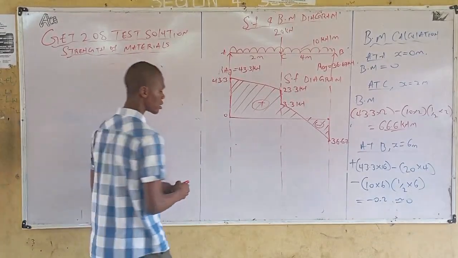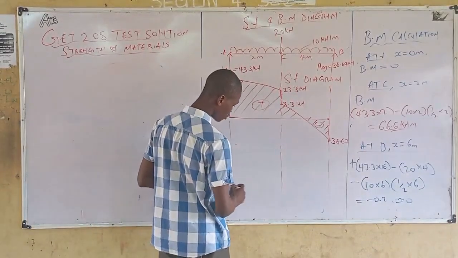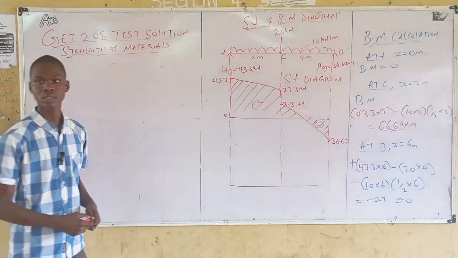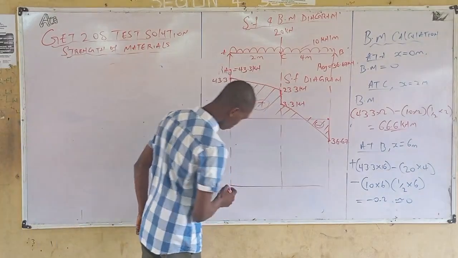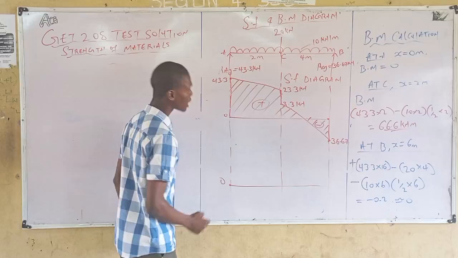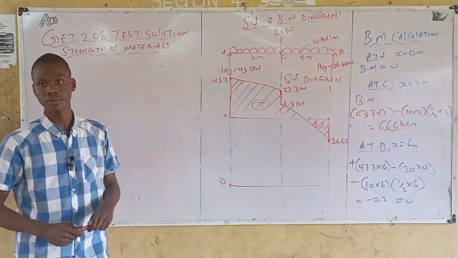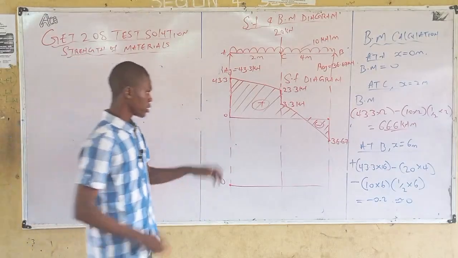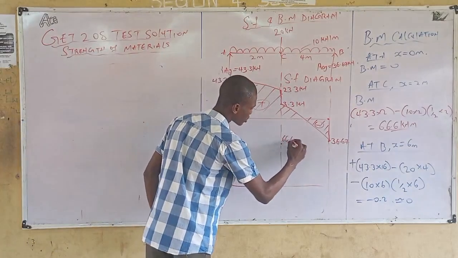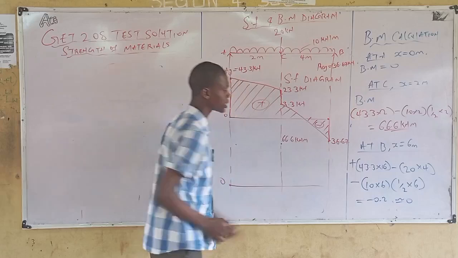Similarly, take a reference line for bending moment. At A, what's the value of bending moment? 0. This is the point, right? At C, what's the value of bending moment? Let's assume that 66.6 is here. 66.6 kilonewton meter.